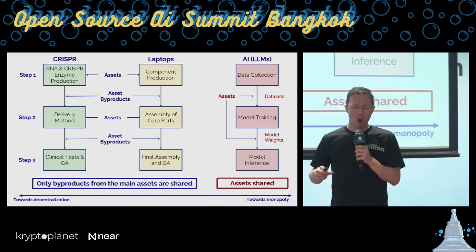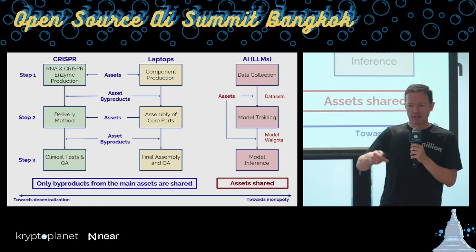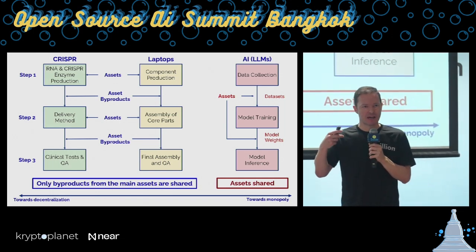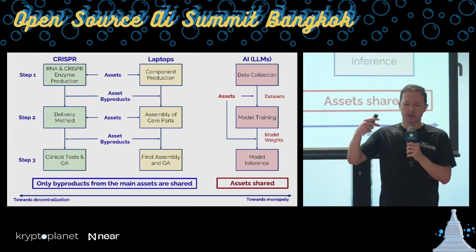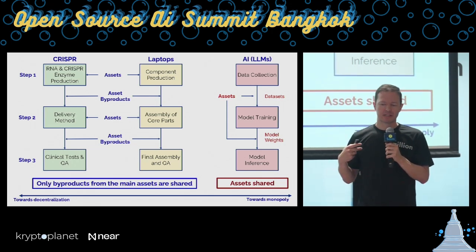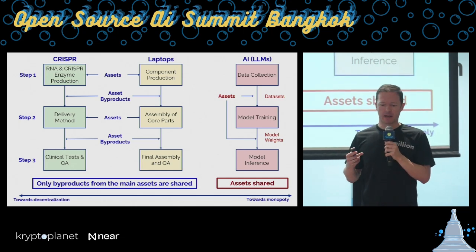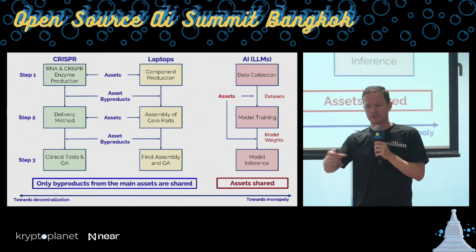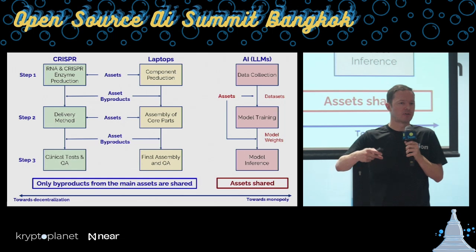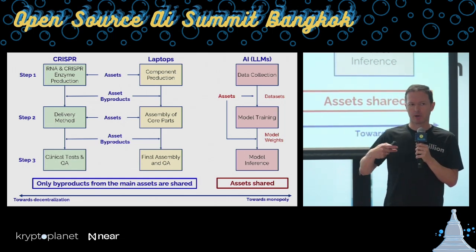So why is it a challenge to do so? Well, in the other ones, if you think about it, the asset is not what the companies pass down the line to the next company. For example, let's say I'm Samsung, I'm producing DRAM chips, and that's the thing that I pass on to the next companies in the assembly of core parts that build the motherboards. That's a byproduct of my asset.